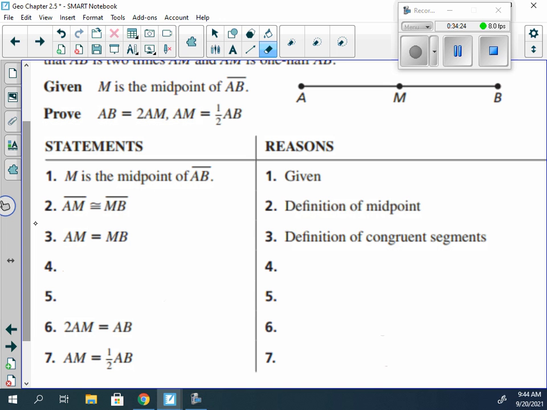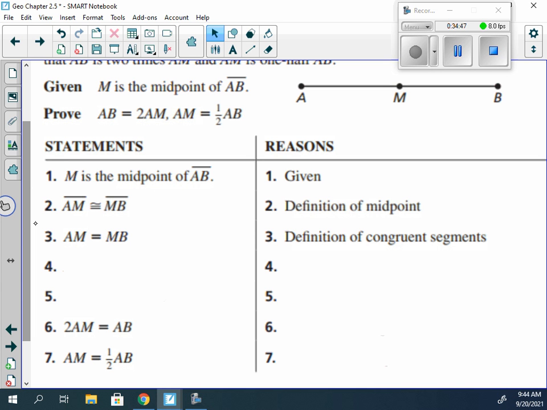So we've talked about that so far. Is there any further that I can take AM and MB? Is there any more that I can do with AM equals MB? No, that's about as far as it can go, yes? But I still need to get to the fact that 2AM equals AB, yes?